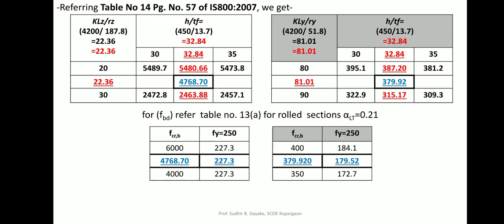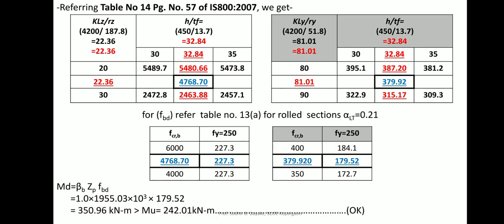Now by observing both the values, that is 227.3 and 179.52, both are going to give us bending strength for laterally unsupported, but we are going to consider the least value, because if the least value satisfies the design strength requirement, then the higher value will ultimately satisfy.